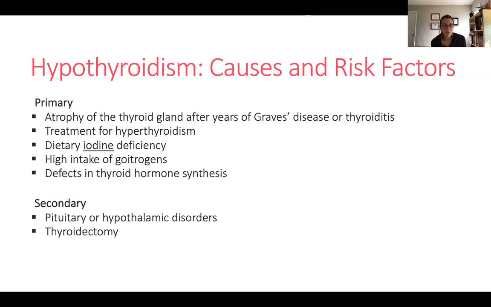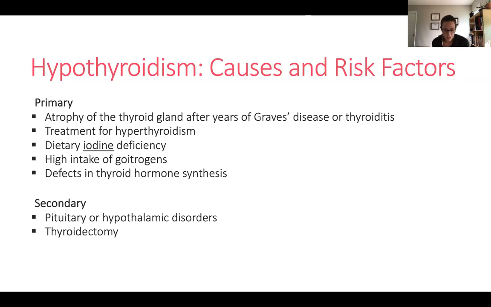If they had any treatment for hyperthyroidism, that could lead to the opposite, hypothyroidism. Iodine deficiency and defects in thyroid hormone synthesis are also causes. So you may notice that some foods are enriched with iodine, like salt, for example, and the idea behind that is to prevent hypothyroidism.